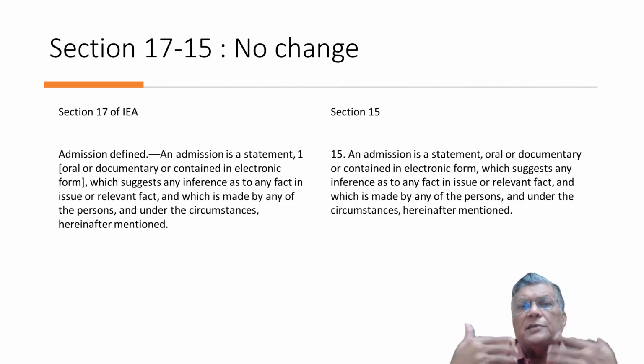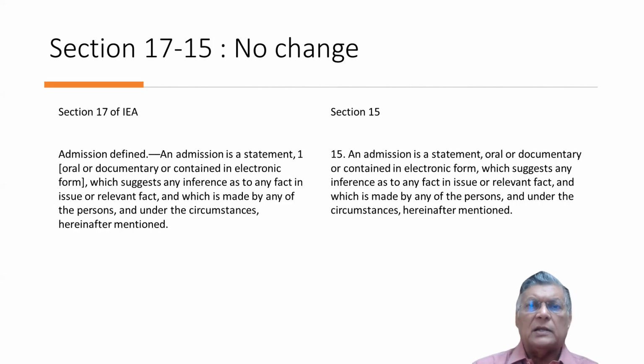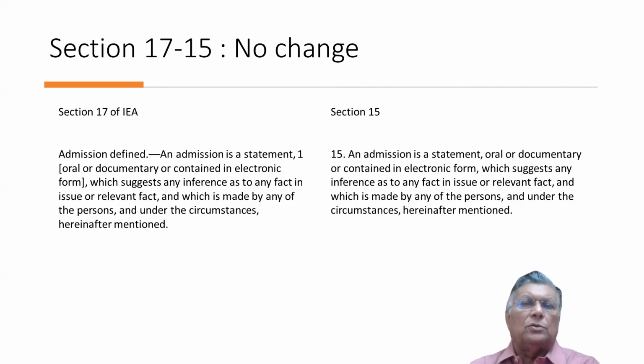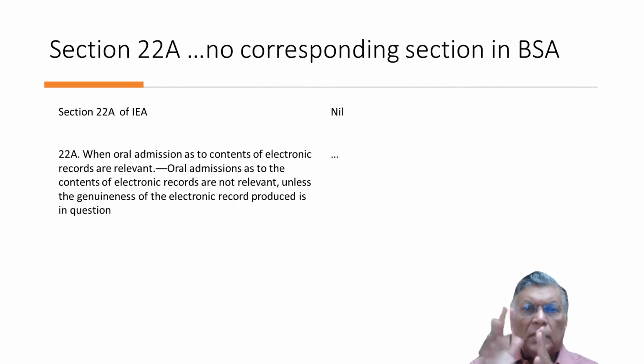This is where I said that in the earlier Indian Evidence Act, they clearly said the procedure for admission of oral statements is this, the procedure for admitting documentary items is this, and then they went into electronic documents. So there were three clear compartments, and lesser confusion.